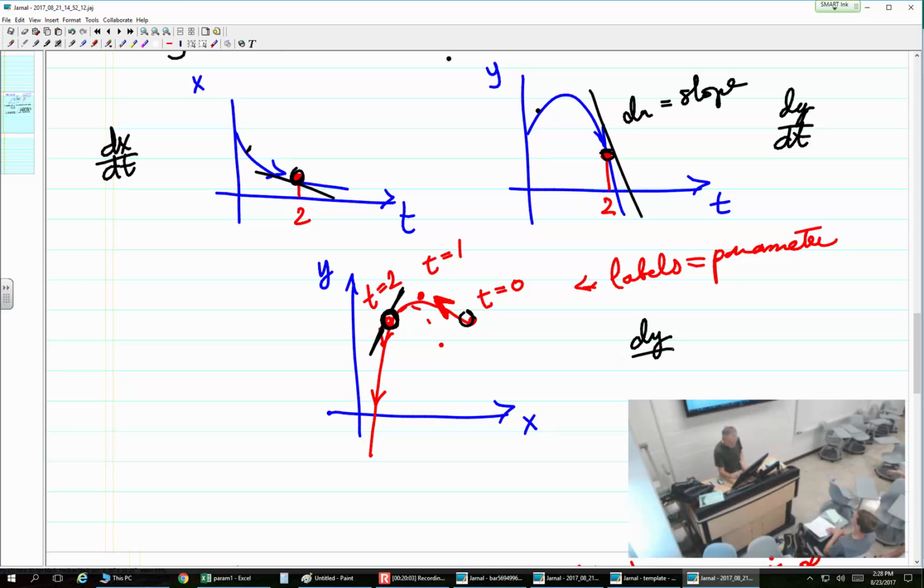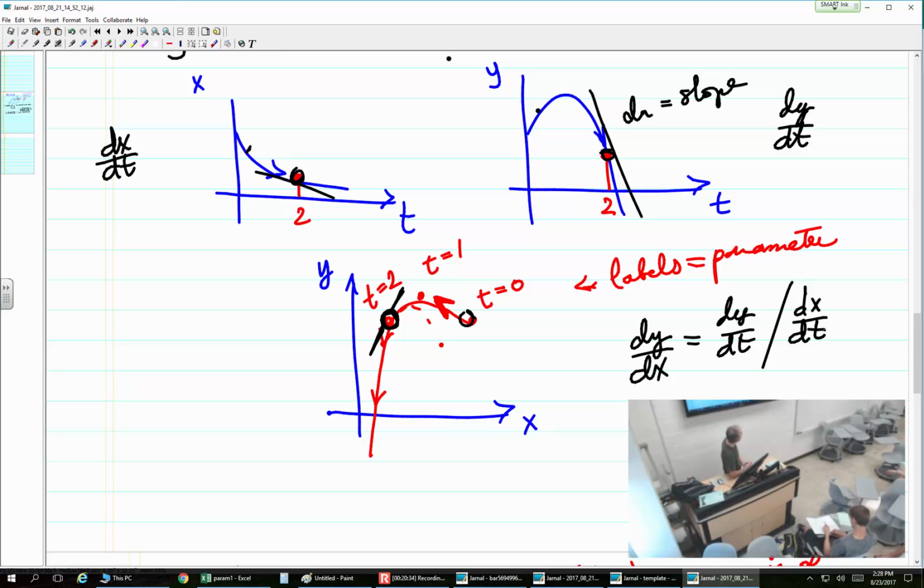What do you think it is equal to? dy/dt divided by dx/dt. So you divide those two slopes to produce the slope of the new curve.